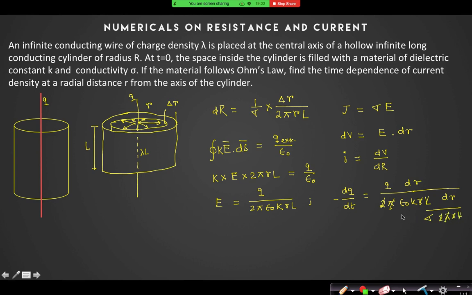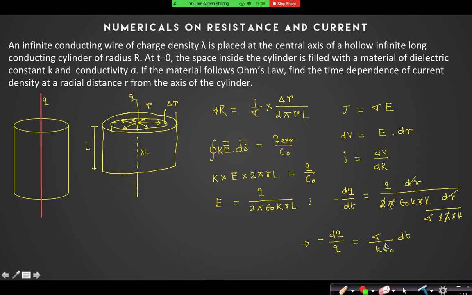Yes, charge is decreasing with time. So basically you can see that I can write minus of dq by q is equal to, dr also gets cancelled out, sigma by k epsilon naught into dt. Yes or no? If I am not wrong in this calculation.